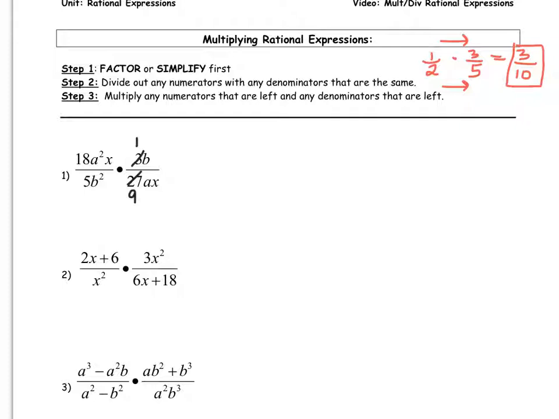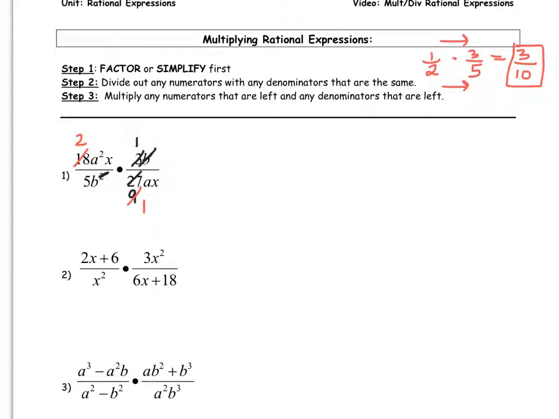So I'm going to cross off one of these b's with this b. And then I'm going to look at the 18 with the 9 because I can cross simplify those. So I know I can divide 18 and 9 both by 9. So 9 divided by 9 is 1. 18 divided by 9 is 2.